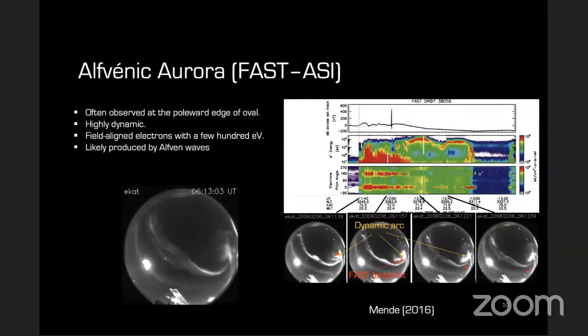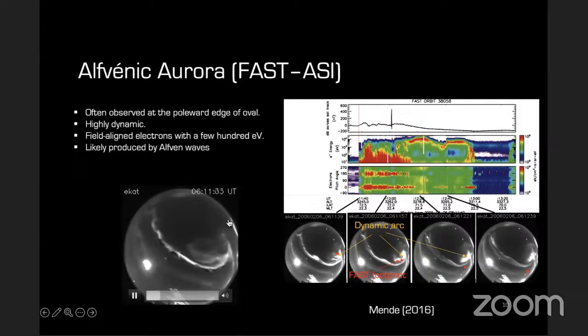Another interesting feature is poleward boundary aurora, often Alfvénic, which is called Alfvénic aurora. Compared to quasi-static auroral arcs, Alfvénic aurora are much more dynamic and usually produced by energy-dispersed field-aligned electrons with energy less than 1 keV.